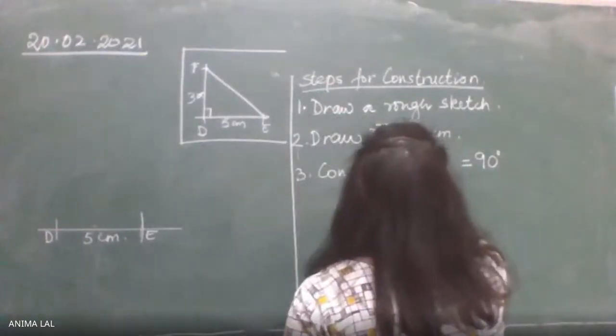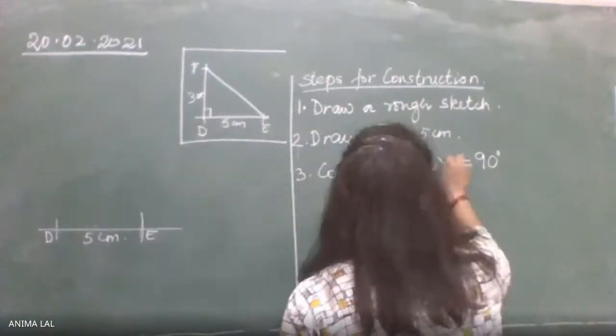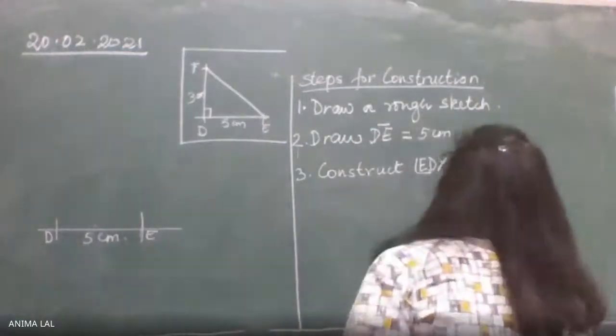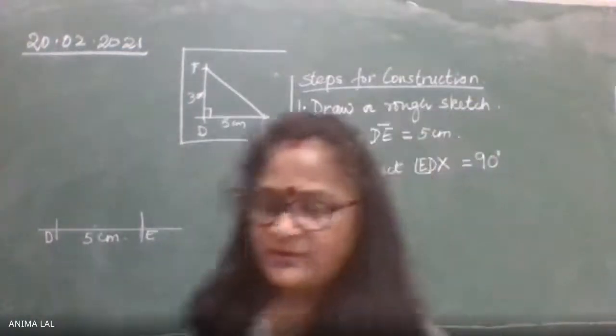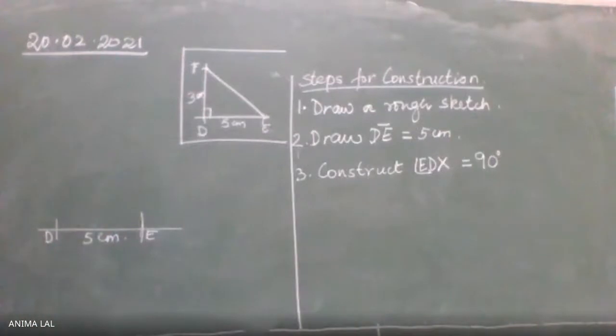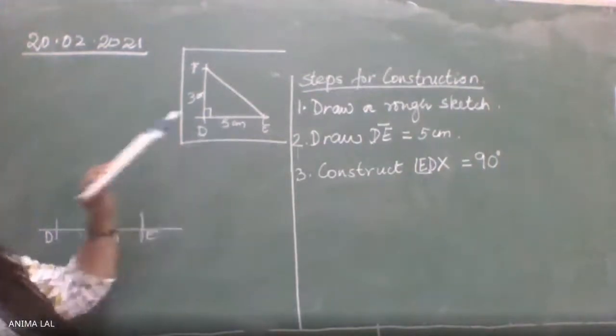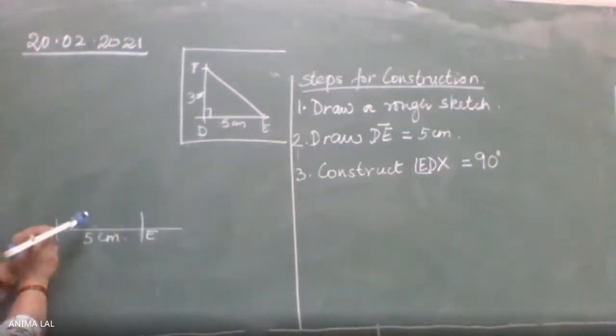Construct angle EDX equal to 90 degree, because we are drawing a ray which will give me 90 degree angle. Now I take the measure with my compass. Since the angle is at D, my compass point will be at D.